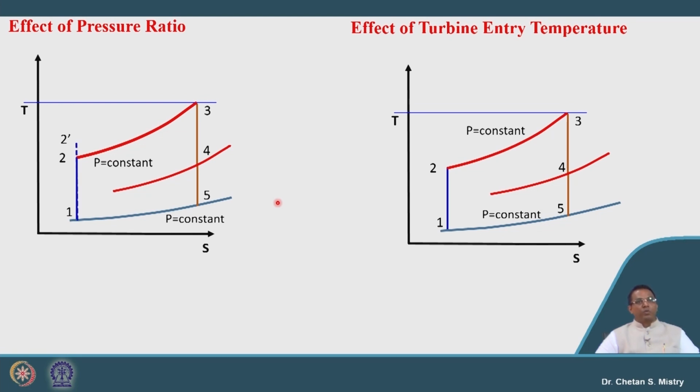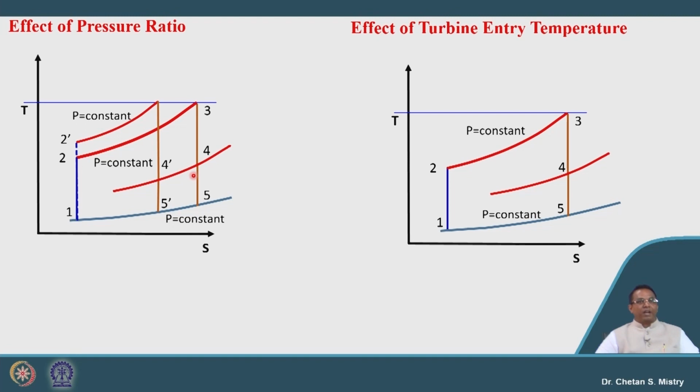Now, let us try to increase this pressure. Suppose I am increasing my pressure from 2 to 2 dash, and if I put a constant pressure line, it will intersect my temperature line somewhere here, and if I plot it, it gives my 4 dash point and 5 dash point.